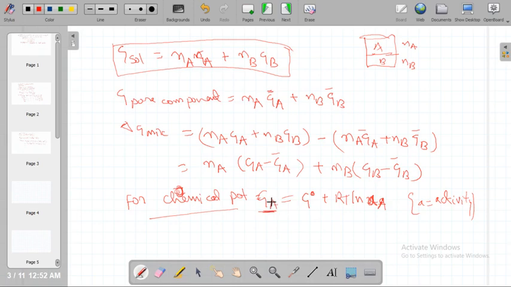So the Gibbs free energy of component A is this much.